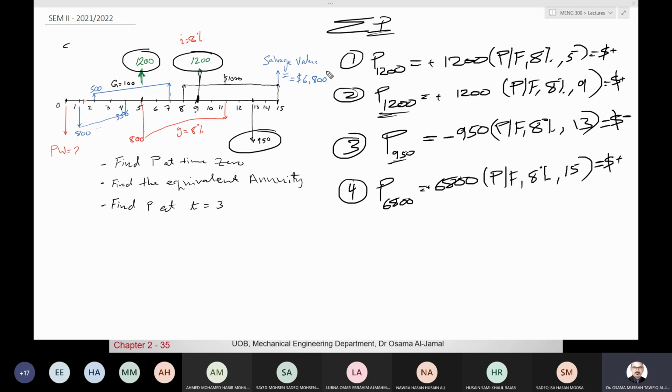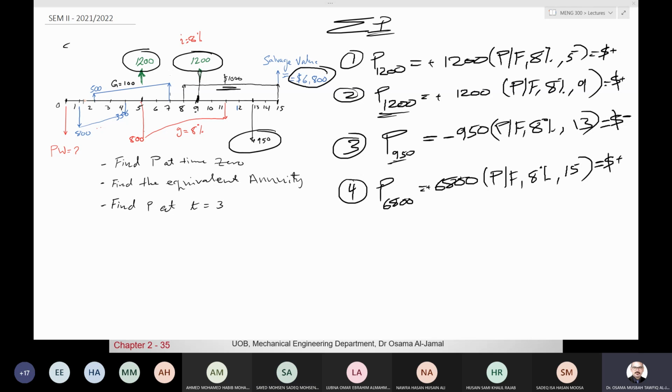Now we are done with just the single payments. What else do we have? We have the annuity, which is that one. It's starting from which year? Starting from year 8.